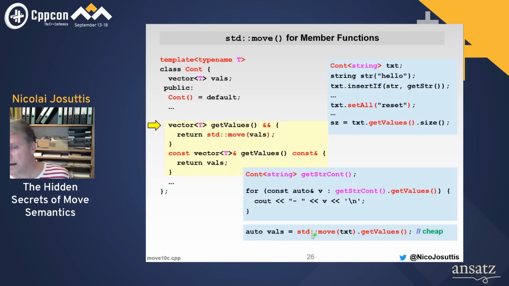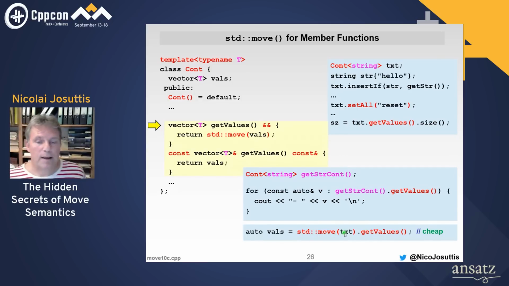If you would not mark this with move, you have the problem that because this returns a const reference, we would copy things, unless maybe compilers can optimize that. So if you have never seen that, it can make sense for member function calls to mark objects with move.